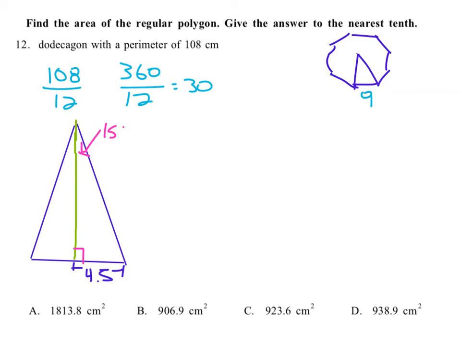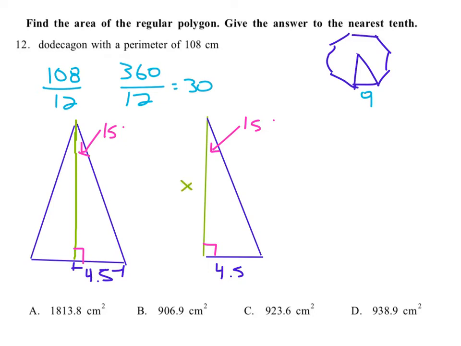Okay, so now we've got a triangle that looks like this. We've got the apothem. We've got this side length of 4.5. And we know it's a right angle. So let's fill it in. 4.5. This is 15. And if we want to find the apothem length, we can use tangent, opposite and adjacent.